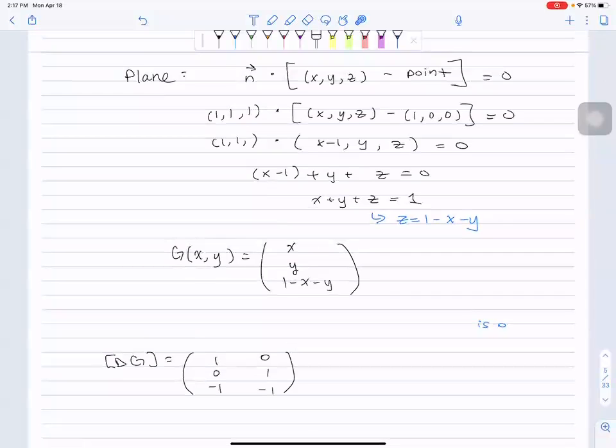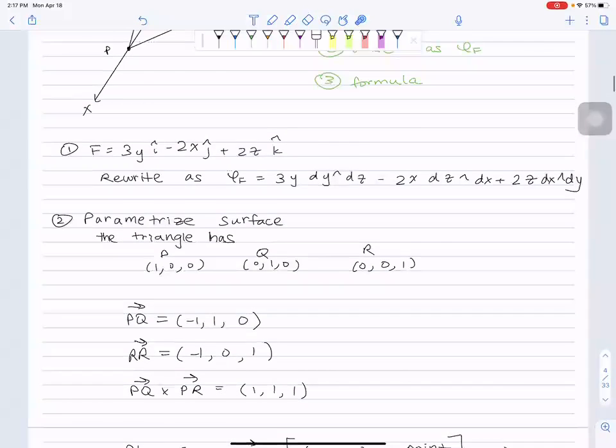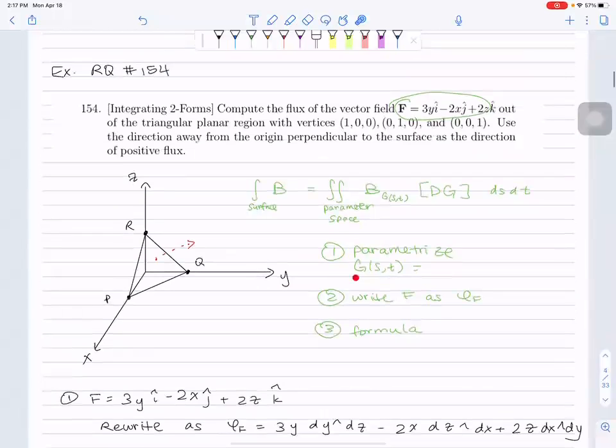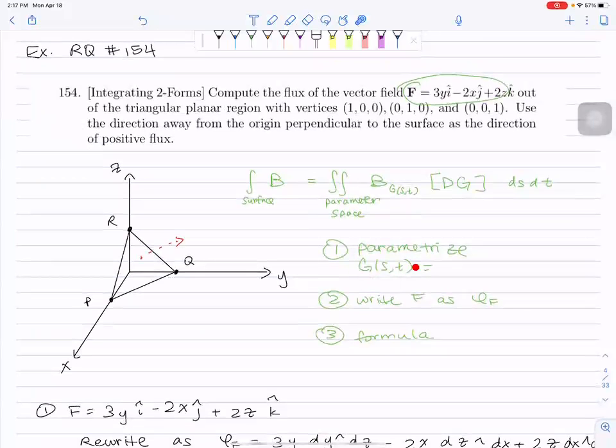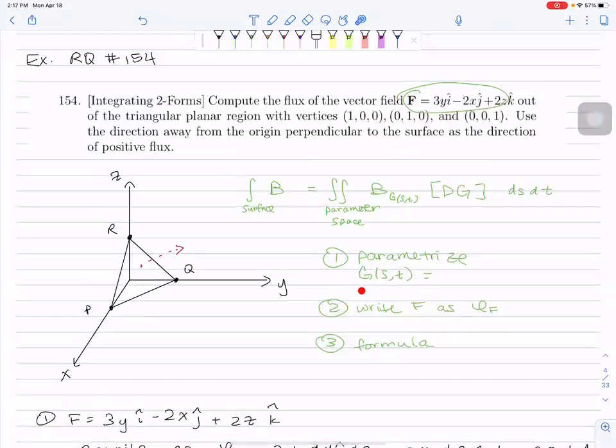Any questions up to this point? Yes. g of s, t is just some general parameterization name. So in all of these cases, we should only use 2 variables?